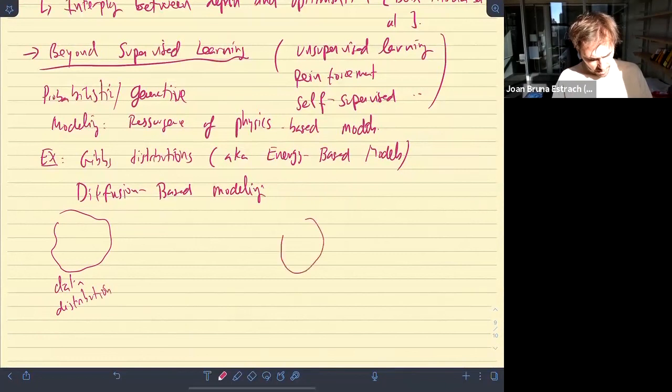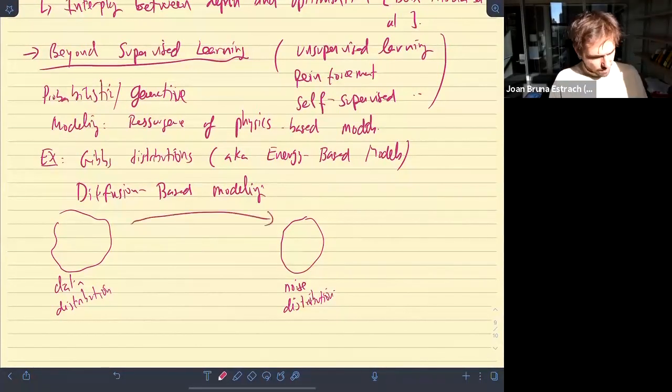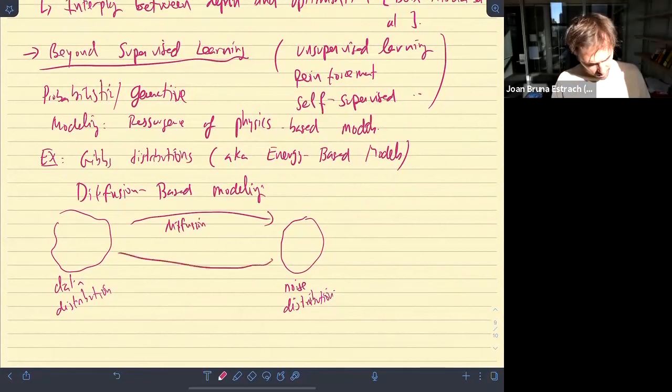And I'm going to connect it with a noise distribution. There's a very natural way to do that, which is to add noise to your data. That's actually a diffusion. In physics, we understand this very well. There's also a reverse mode, which is the inverse diffusion.